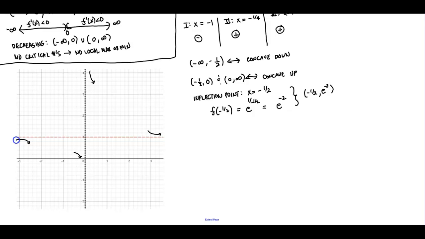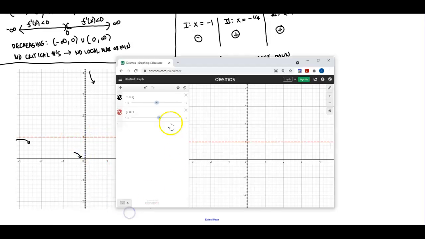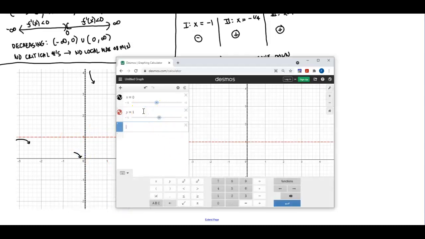Okay, so now what we want to do is finish the sketch by graphing the inflection point. Well, the inflection point is located at negative 1/2 and e to the negative 2. So we can go ahead and pick that point and put that on our graph. So we have negative 1/2 and e to the negative 2.